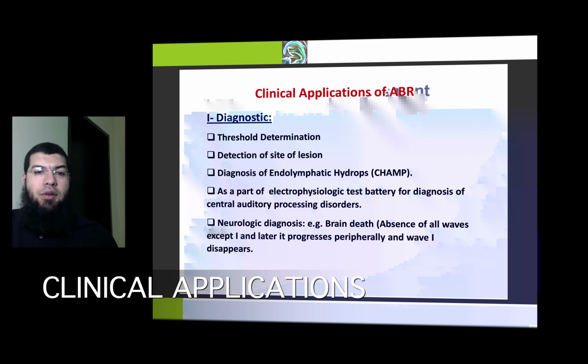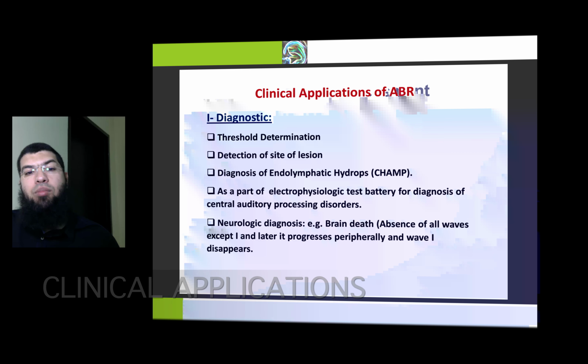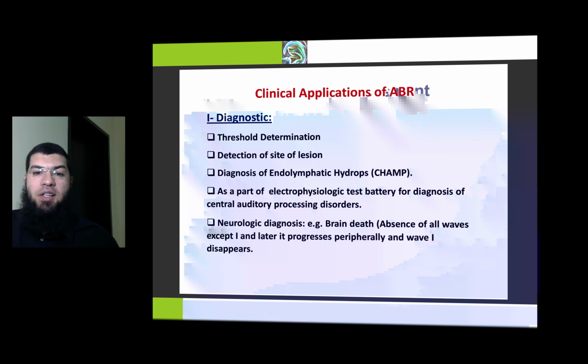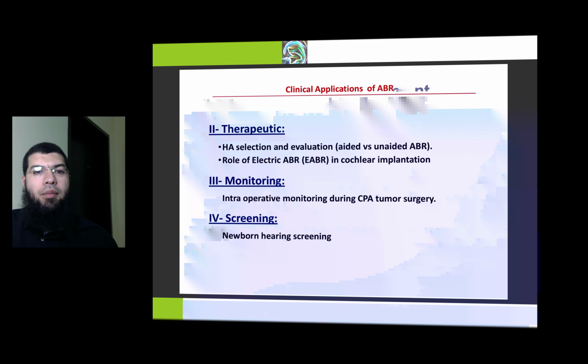ABR is used for threshold detection and for site of lesion localization. It is a part of the electrophysiological test battery for diagnosis of central auditory processing disorder. It is used in otoneurological diagnosis like CP angle tumor.